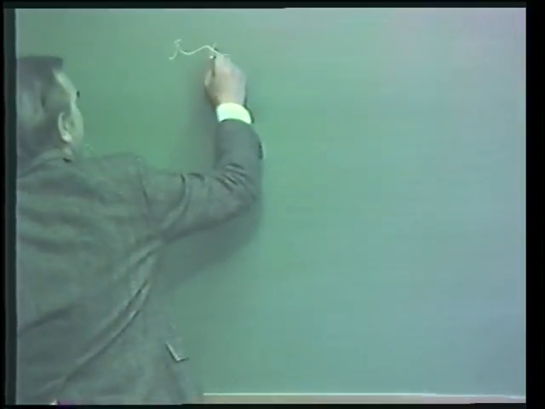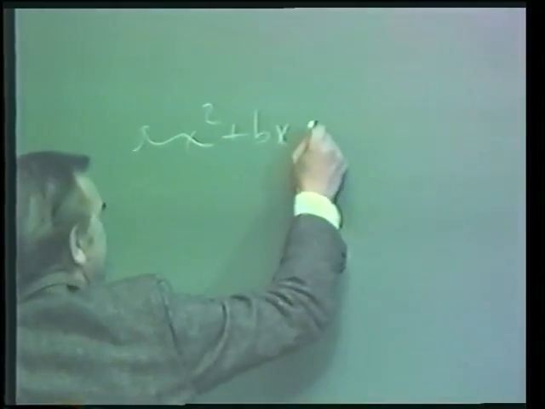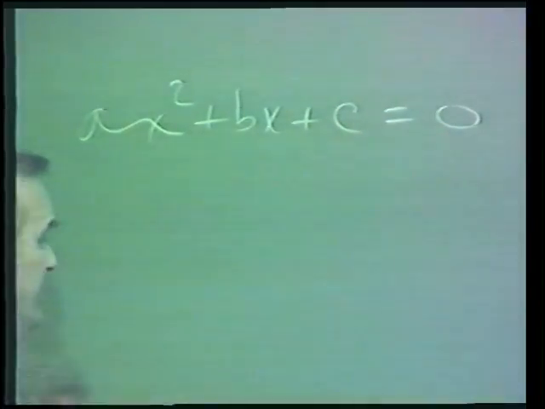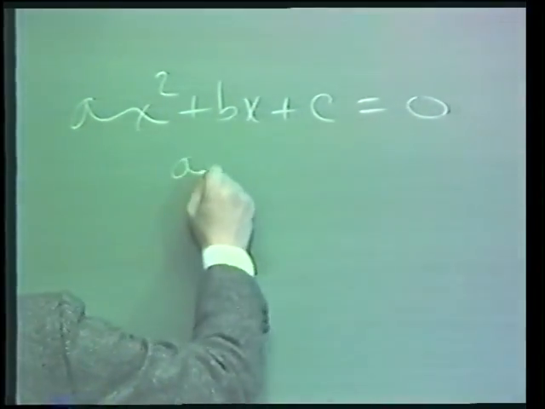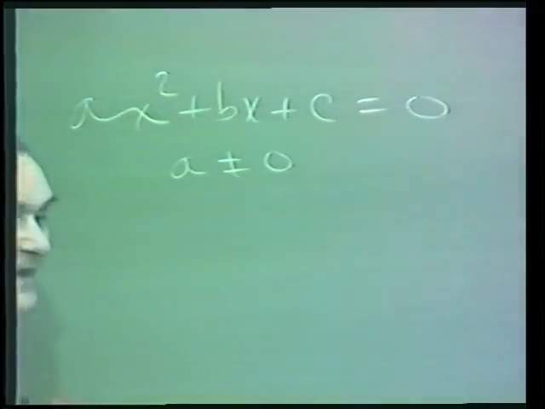Okay. We started working with quadratic equations our last lecture. And we found that a quadratic equation is in the form of ax squared plus bx plus c equals 0, where a cannot equal 0 because you will not have a quadratic.